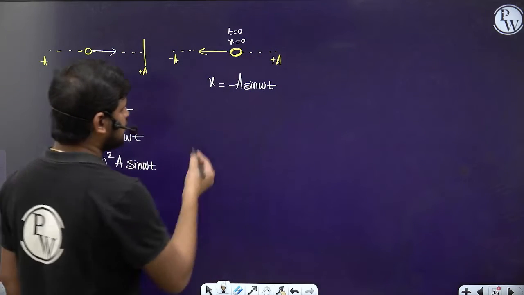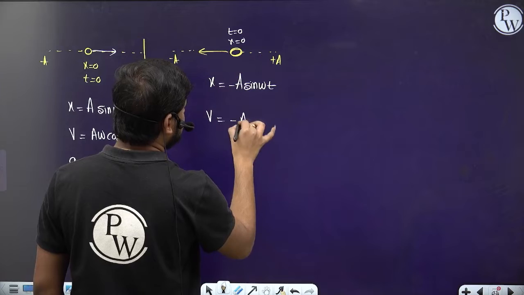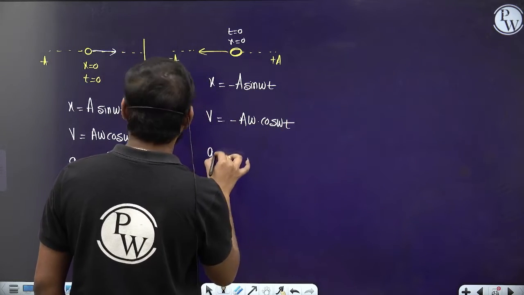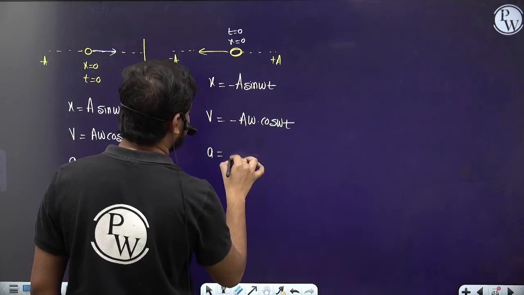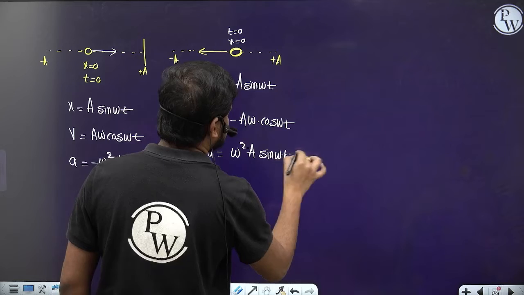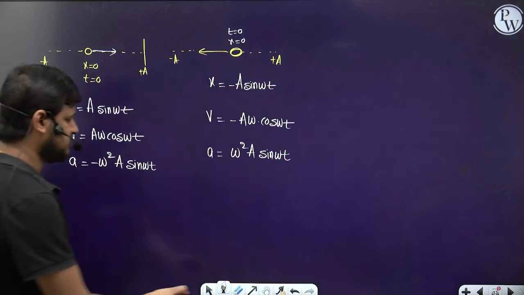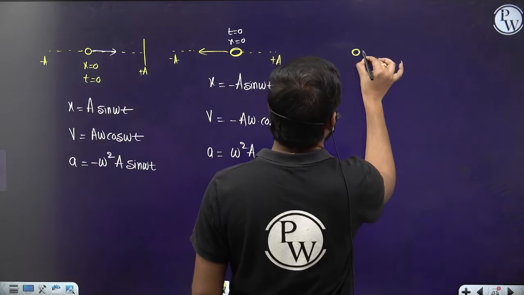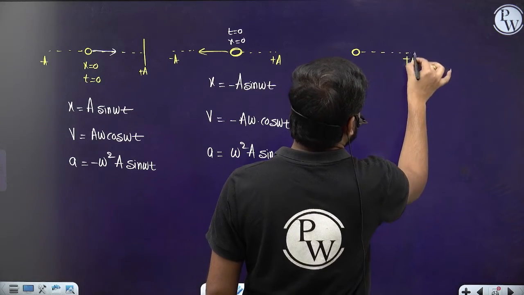Then the velocity will become minus a omega cos omega t, and the acceleration will become minus of minus, which is plus omega square a sin omega t. Done.